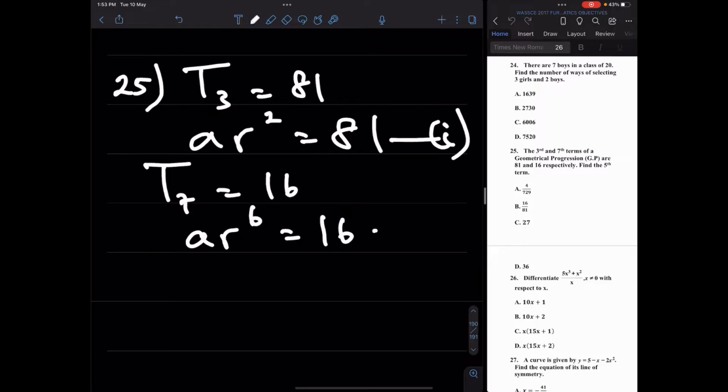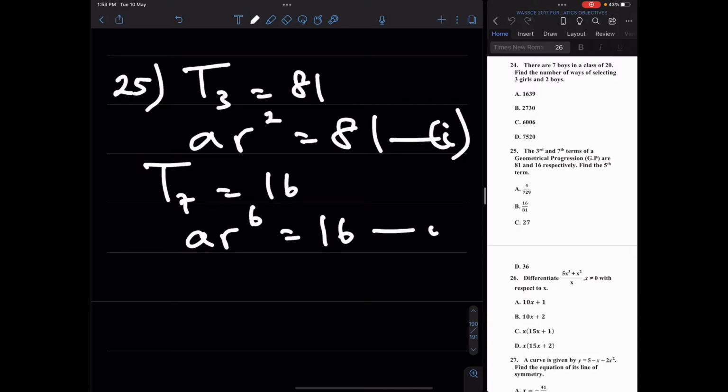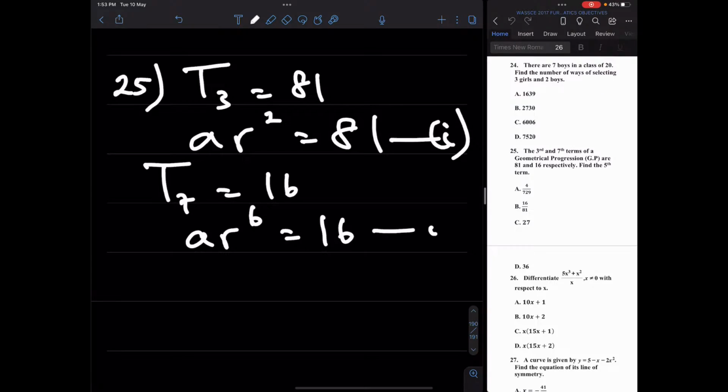The average score in a biology test is 90. Average score means score of boys plus score of girls all over total number of students, and that's 90.